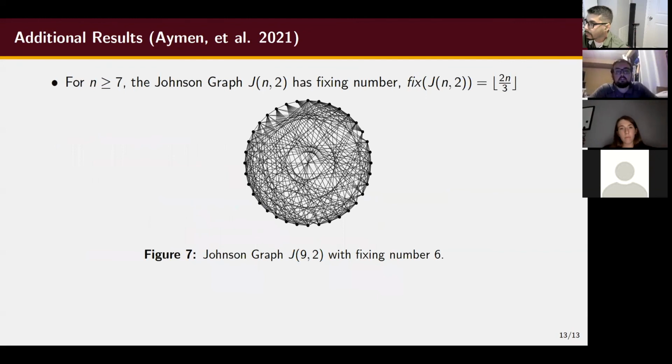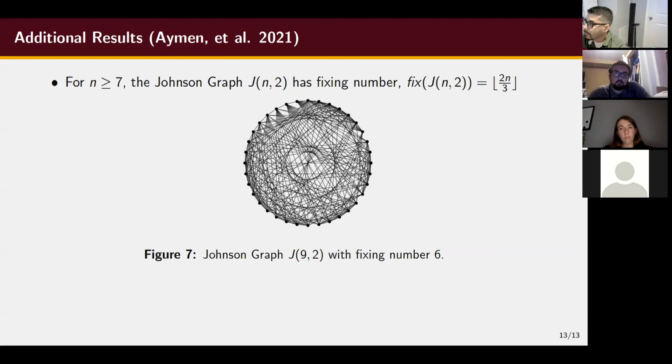And we also looked at the Johnson graph. This graph will be denoted as J(n,2), where the vertices are k-subsets of integers 1 through n. And first here, we're going to look at this example that will help us show the next result. So we see that for n greater than or equal to 7, the Johnson graph J(n,2) has fixing number equal to the floor function of 2n over 3.